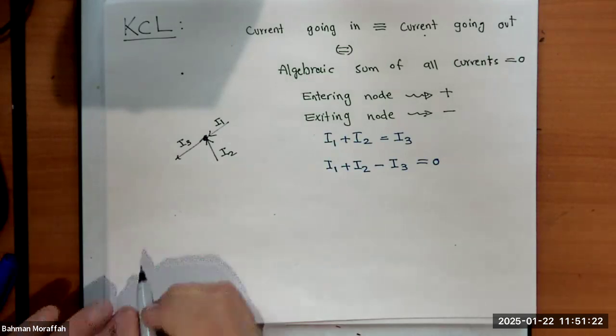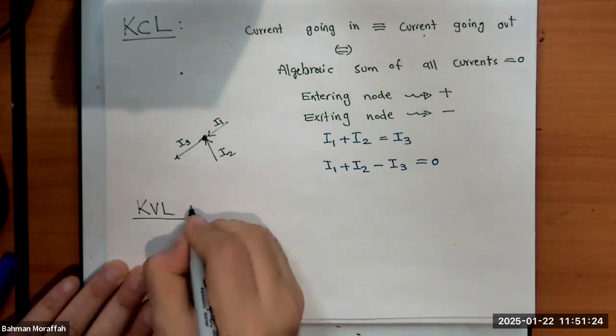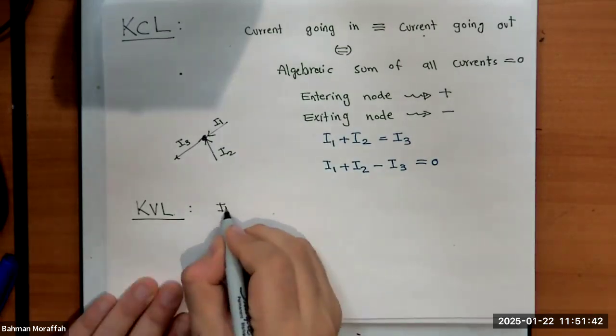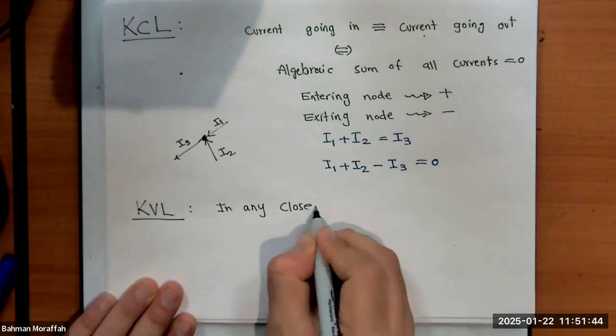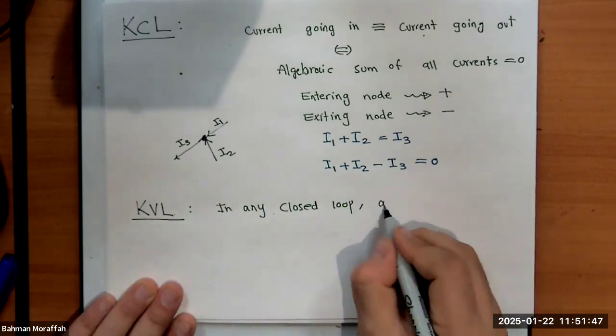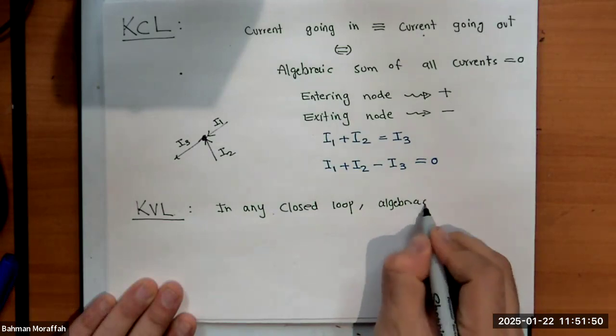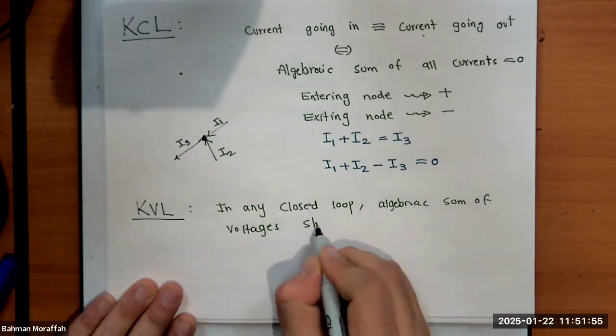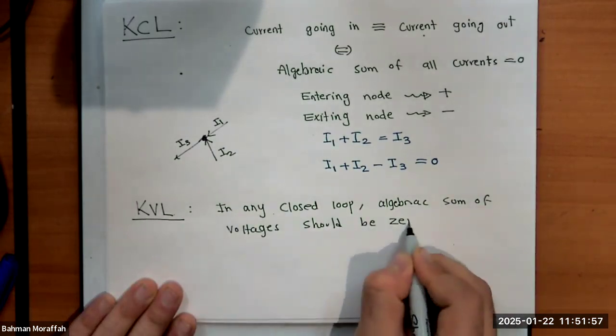How about KVL? What KVL says is that if I look at any closed loop in my circuit, if I go around it and I add up all the voltages that I have, it should add up to 0, right? So in any closed loop, the algebraic sum of voltages should be 0.